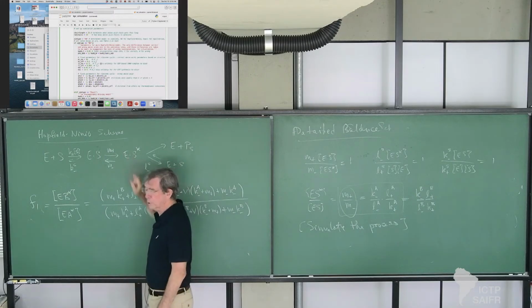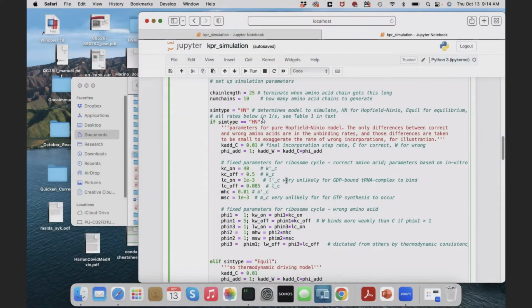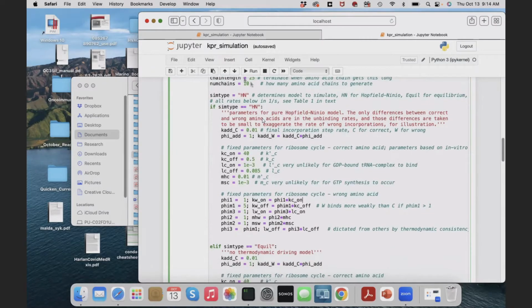It's close to irreversible, but we have the ability to change parameters. Okay, so anyway, I've selected the simulation type as Hopfield-Ninio.